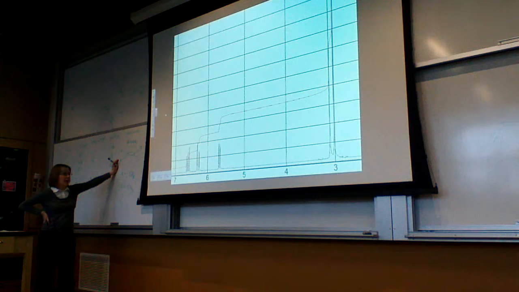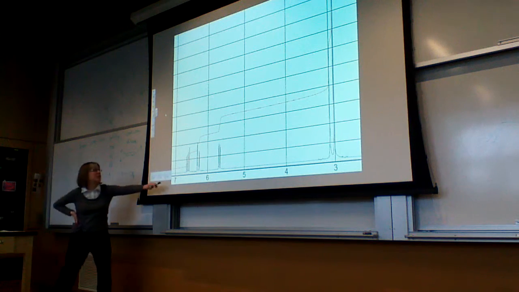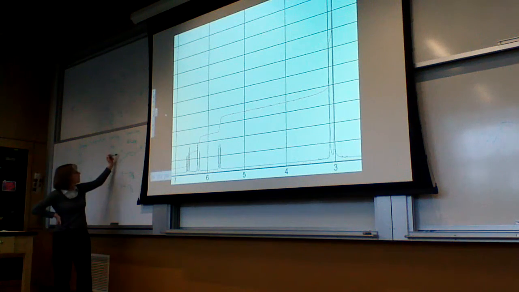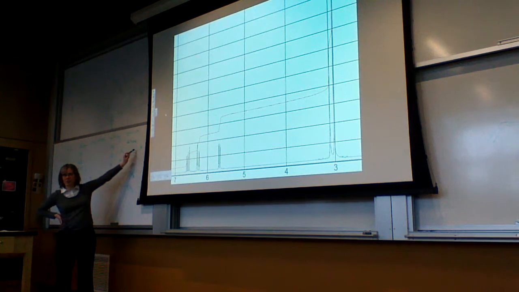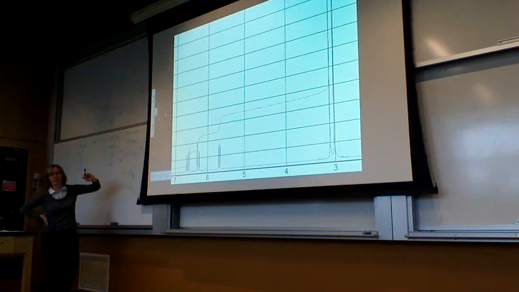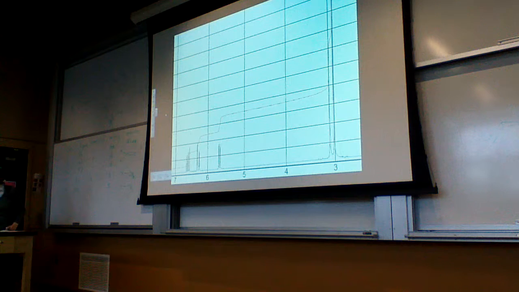And then I'm pretty sure that this is actually one of these two, and then they're coupling each other and coupling this one. And I don't know which one it is, because the cis coupling constant's different than the trans coupling constant. I can't remember which one's higher. I think the trans is higher, but I can't remember exactly the numbers.